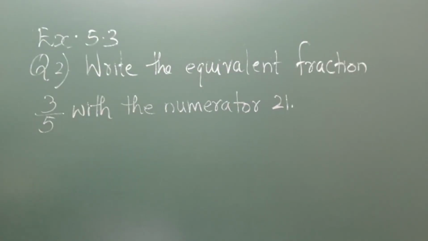Here in this question, it is asked to find an equivalent fraction of 3/5 with the numerator 21.